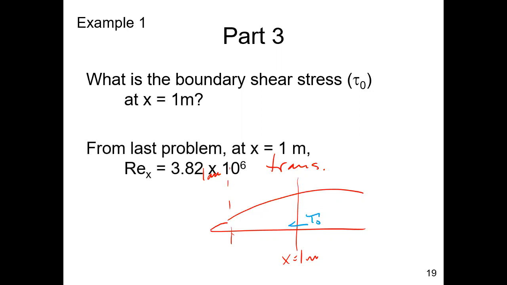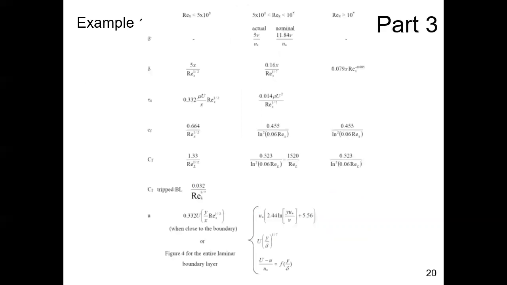So again, at 1 meter from the last problem, we have a boundary Reynolds number of 3.82 times 10 to the 6th. That is a transitional boundary layer at that location. And why that's important, I've said this a few times today. In order to solve these problems, you need to know what the boundary Reynolds number is. Why? Page 6 of your handout is organized based on what type of boundary layer you have. You have the variables on the very left-hand column.